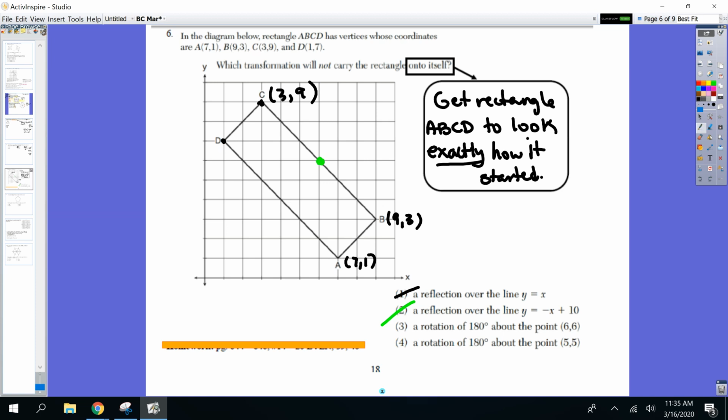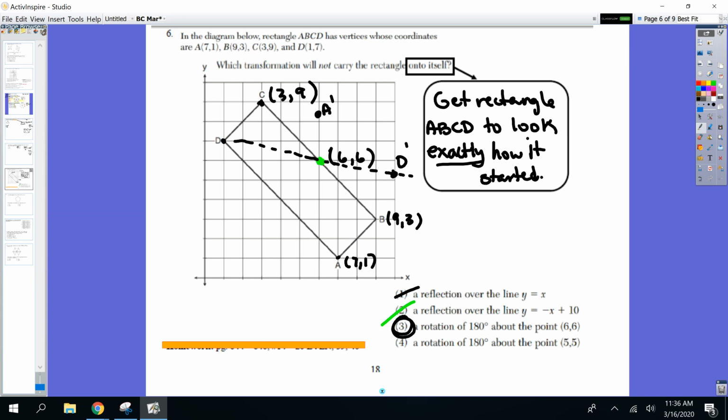So if you take B and rotate it 180 through that point 6, 6, you'd end up at C, and C would end up at B. Here's the issue though. You take A, rotate it 180 degrees around that point, it's going to end up somewhere over here. I don't know the exact point, but it's going to be somewhere opposite. Same thing with D. You take D 180 degrees through, it's going to be somewhere over there. All right, so that's not going to fly.